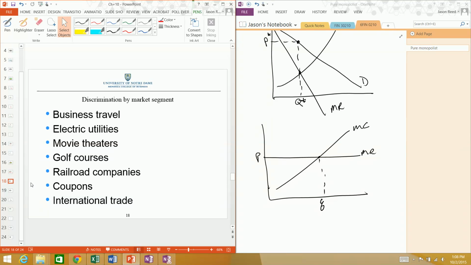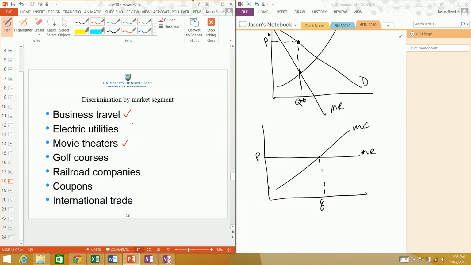So where else might we see some of this? We've talked a little bit about business travel already, and we talked about movie theaters, but golf courses do the same thing. You have spring versus summer rates. You have early bird rates versus twilight rates.